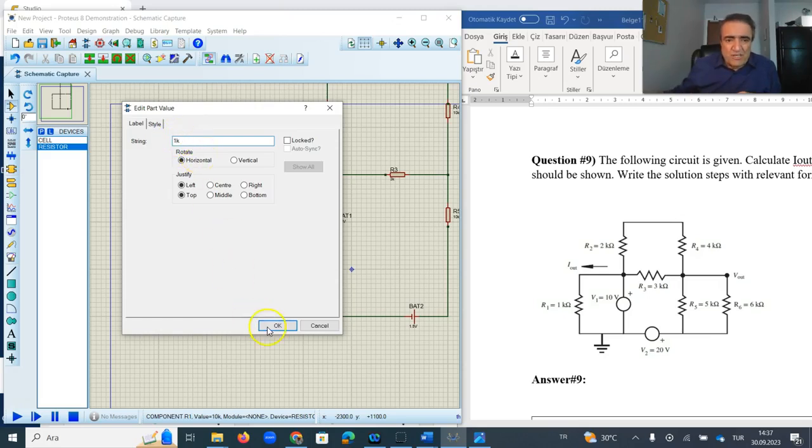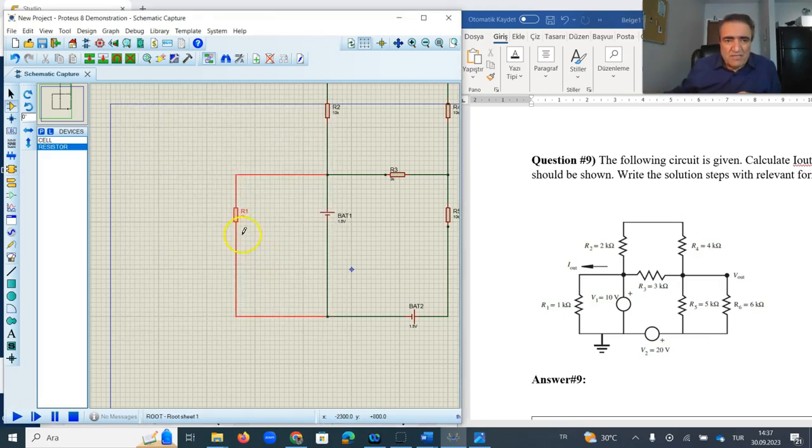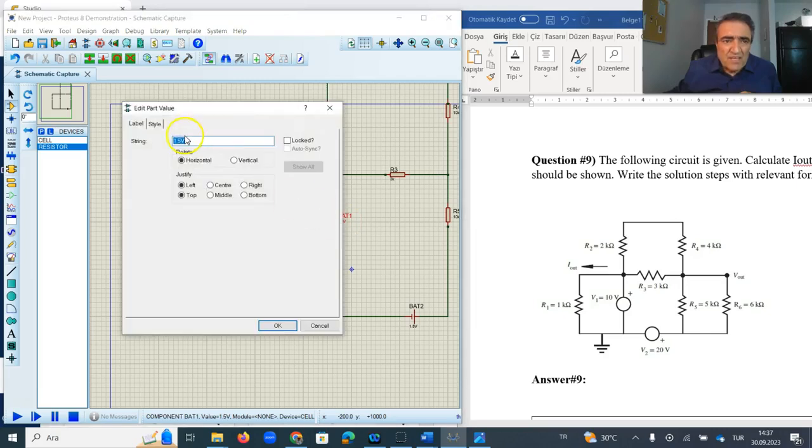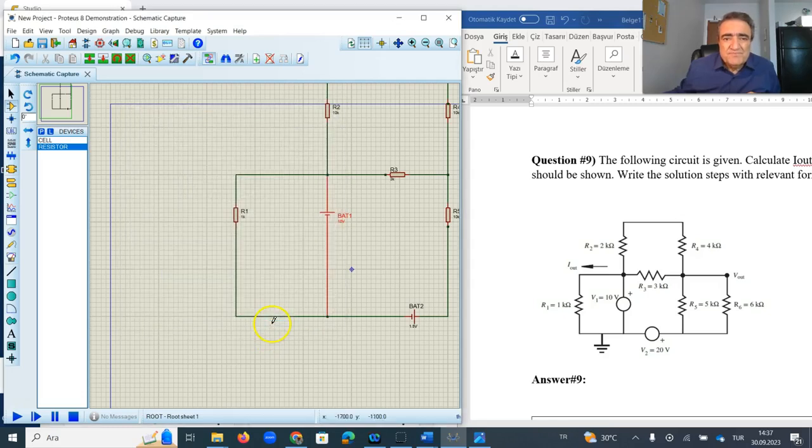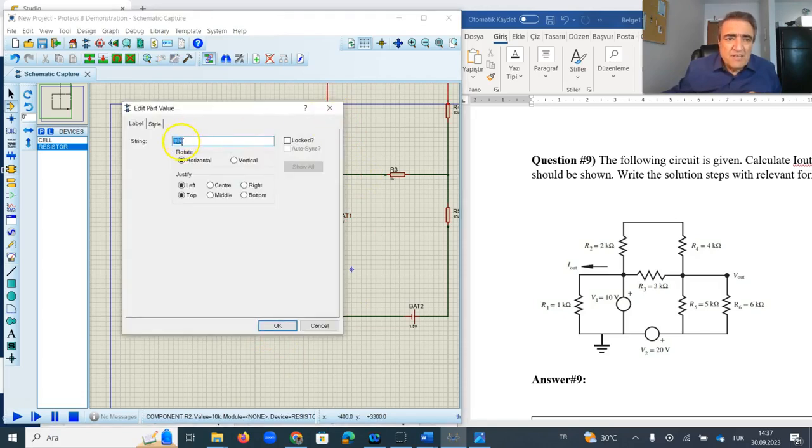I just click on it, double click, and then change. Battery value is 10 volts. Here 10 volts. And then R2 value is 2 kilo ohm. Come here, double click, and change the value to 2.